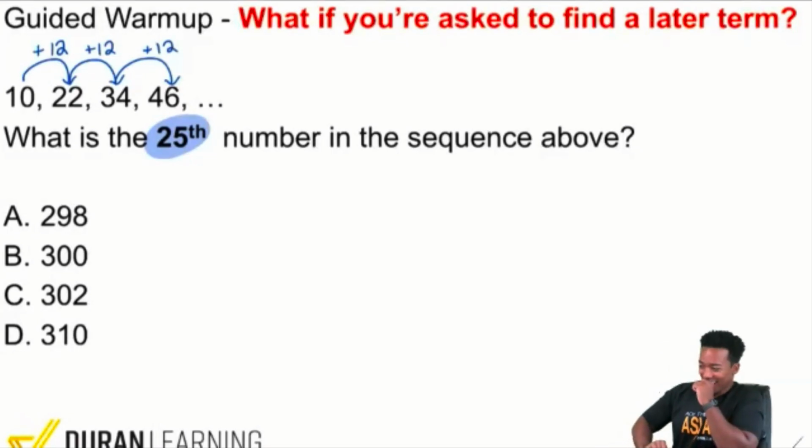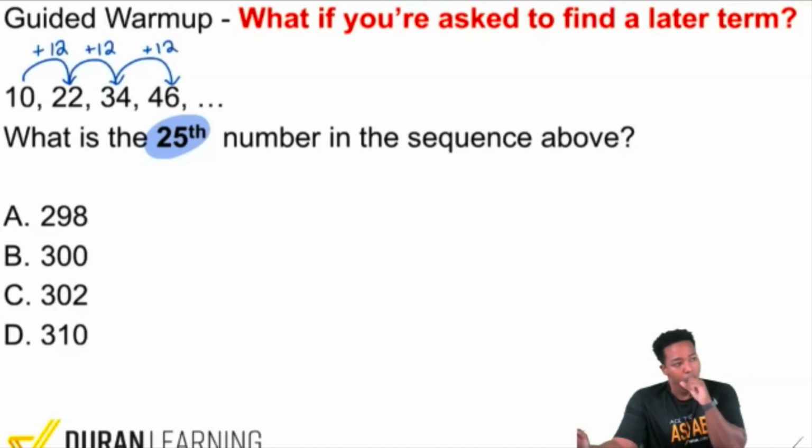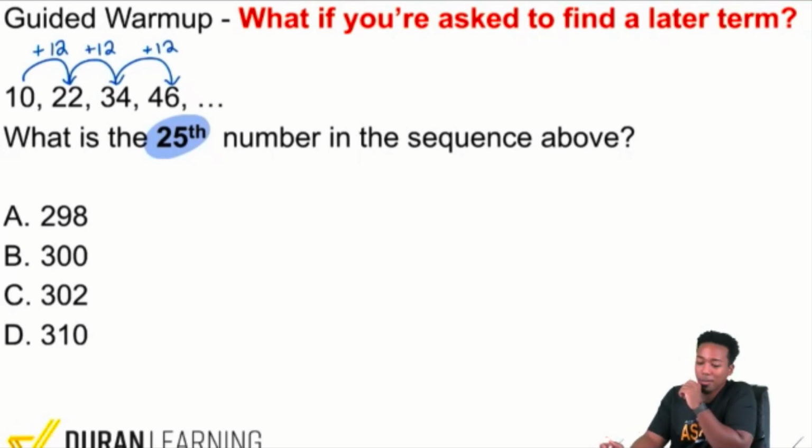All right, so let's go ahead and get to it here. 10, 22, 34, 46. What's the pattern, everybody? Obviously, we saw that it's going to be adding 12. So there we are.